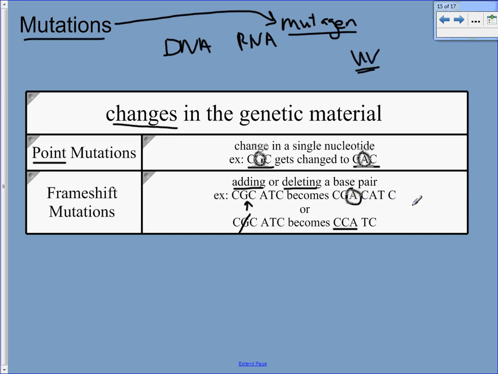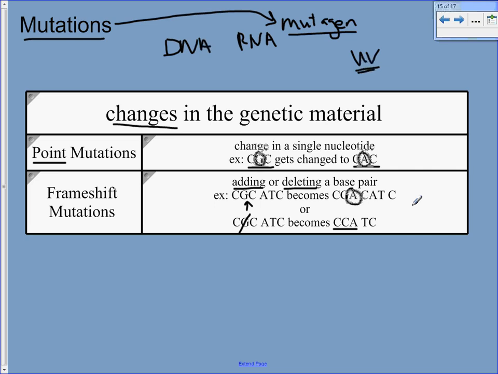So everybody after Bob has changed their number, and you miss out on $100. Now I'm not going to give you $100, but in our DNA, if you do that, now instead of reading ATC, our ribosome is going to read CAT, and that could change the amino acid and actually change every amino acid after it. So frameshift mutations are particularly nasty.